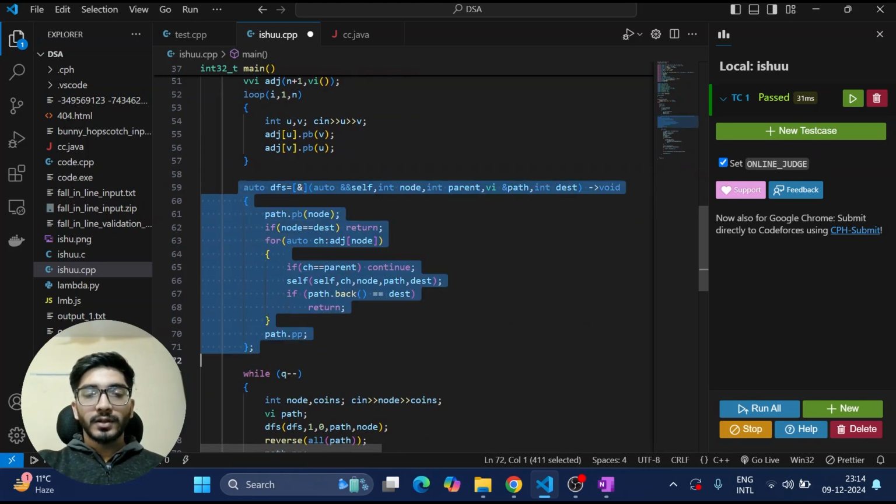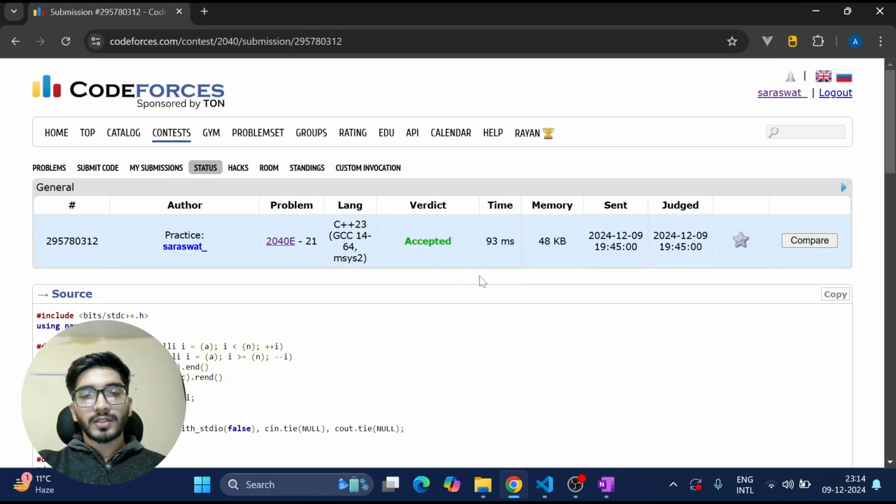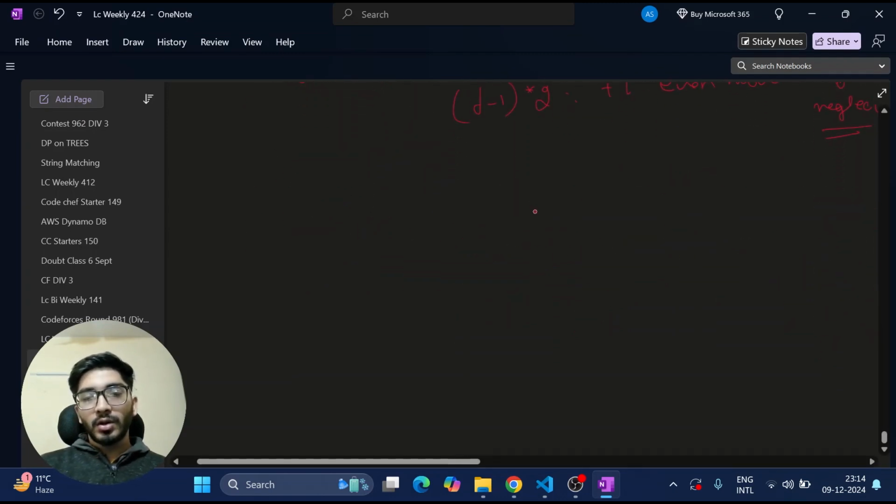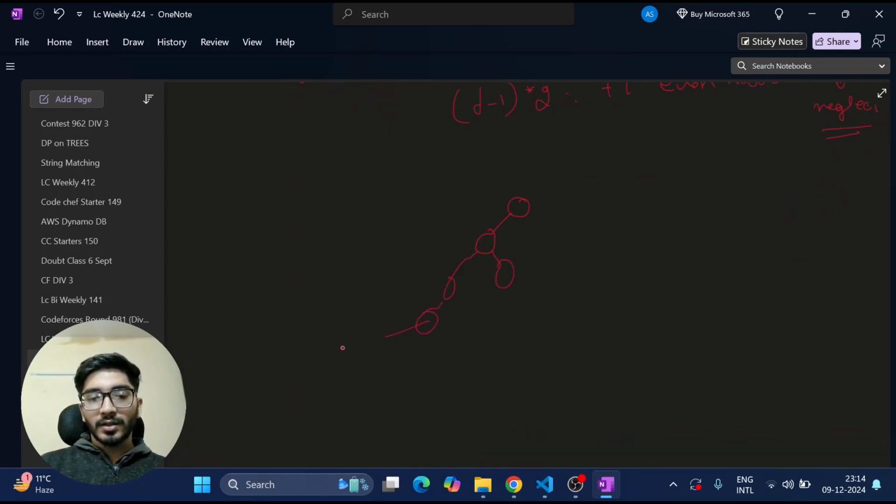This is a DFS function which is going to help us in constructing our path from this particular node to this node. How? So if this is our tree and this is our destination node, or we can say the node from which the robot will start.